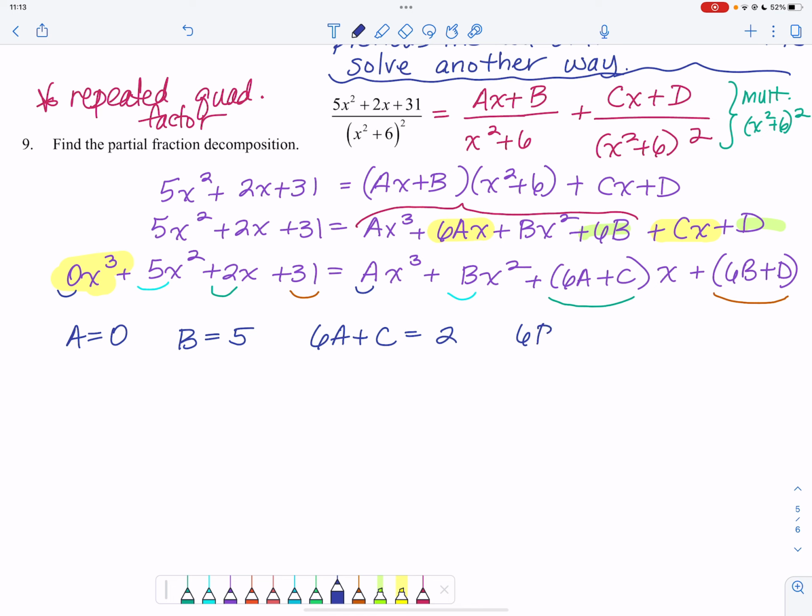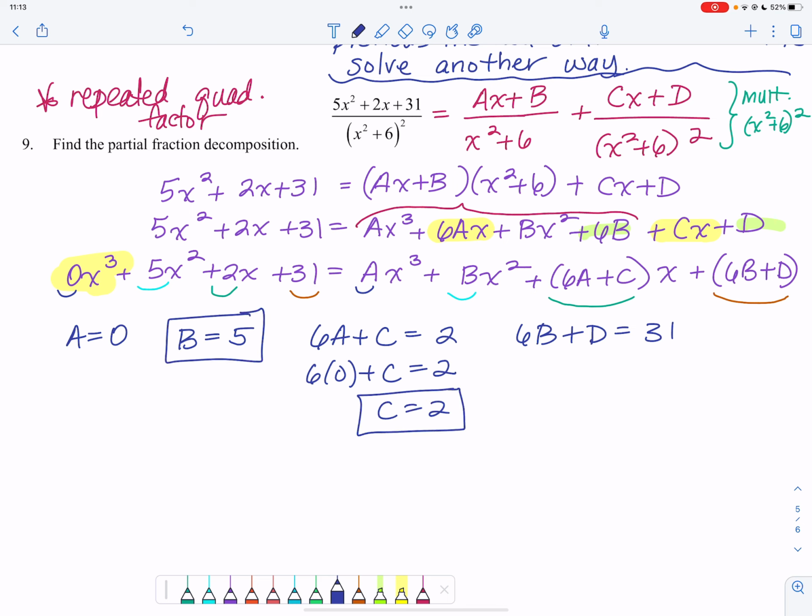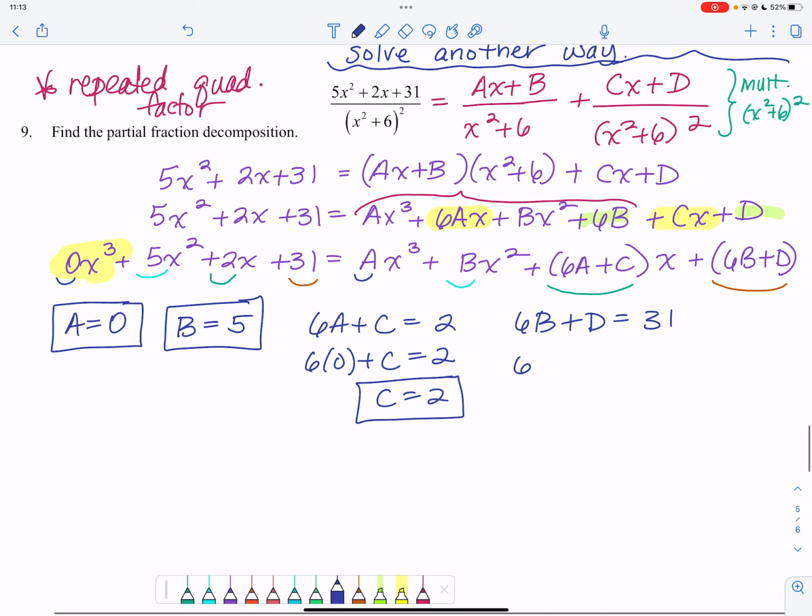And we know that 6b plus d must be equal to 31. Well, since we have a equal to 0, we can now see that c is equal to 2. And we have 6 times 5 plus d equals 31, and you can see that d is equal to 1.